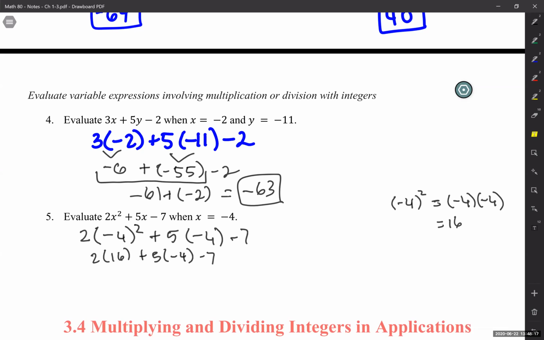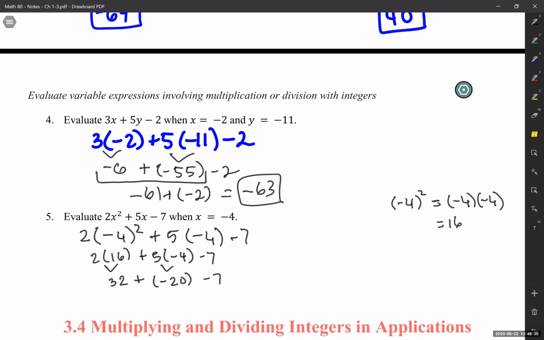So now doing the multiplication, 2 times 16 is 32. 5 times -4 is -20. I have no division, I already did the multiplication from left to right.